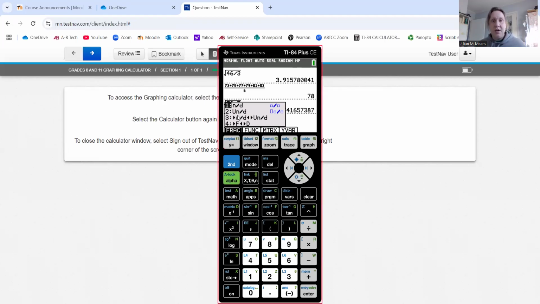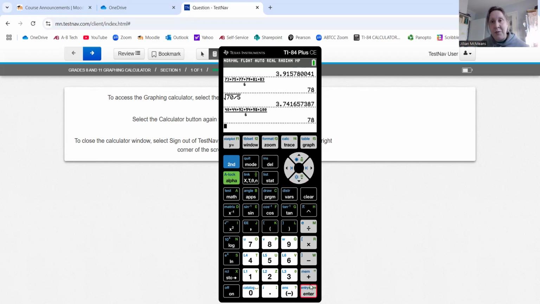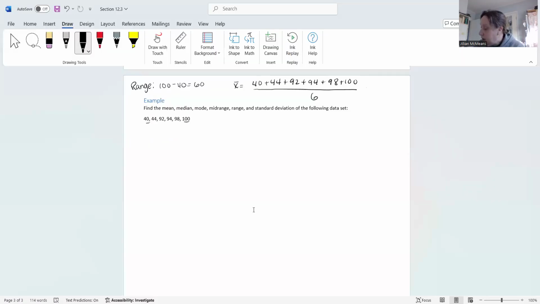In the numerator, we have 40 plus 44 plus 92 plus 94 plus 98 plus 100. And then the denominator, we have 6. And would you look at that? Again, we have a mean of 78, okay? So let's go back to the worksheet. All right, so we have a mean of 78 again.